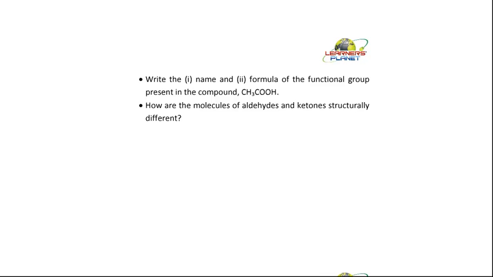Write the name and formula of the functional group present in the compound CH3COOH. So you're the first one. So what is the name of the compound? It is what, students?